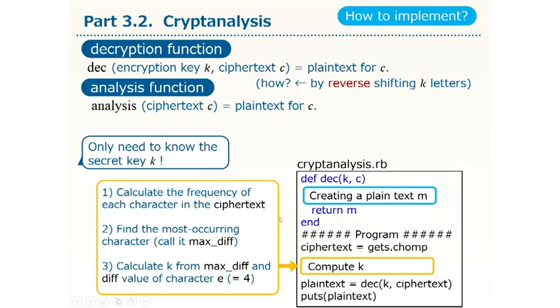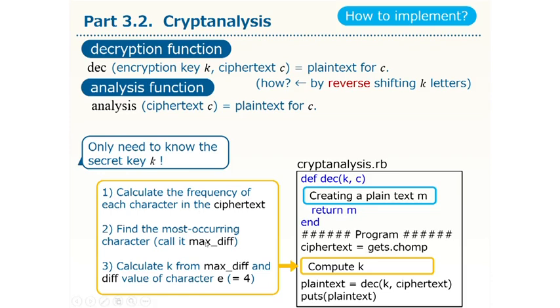For cryptanalysis, we need to compute the secret key K. For this, first, for a given ciphertext and for each character, its frequency, or the number of times that it appears in the ciphertext, is calculated. Then compute the most frequently appearing character and its index, for example, in the variable max diff.